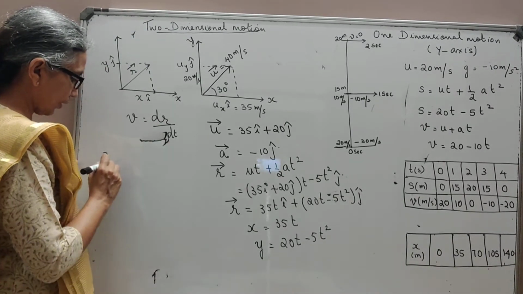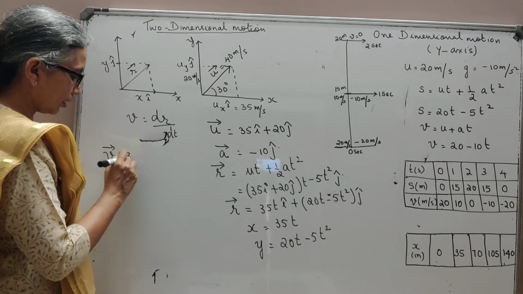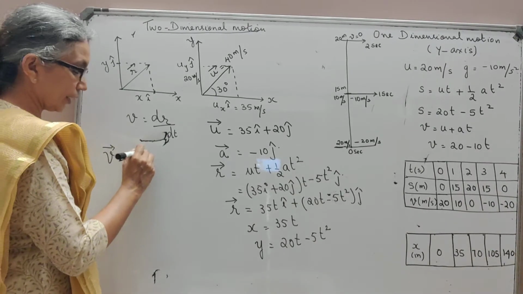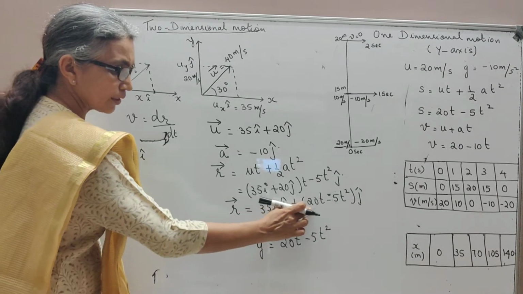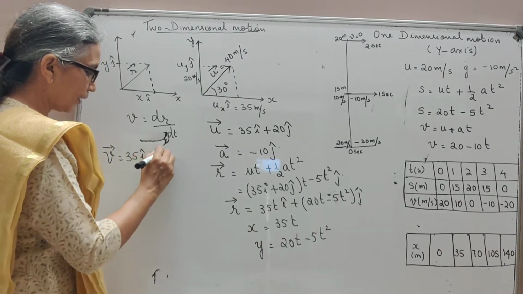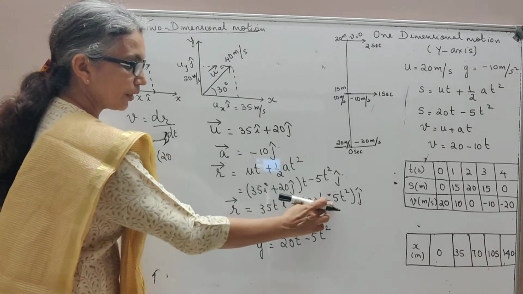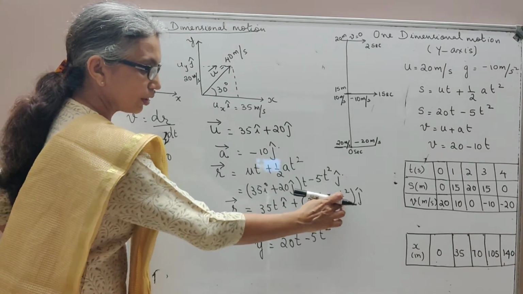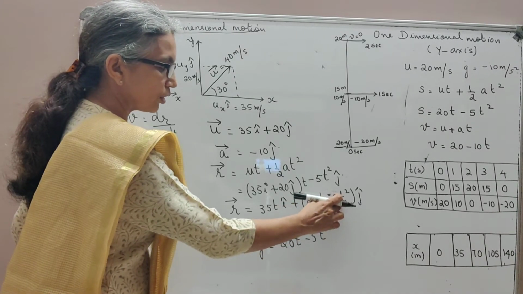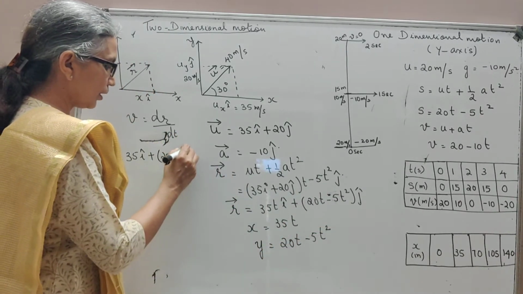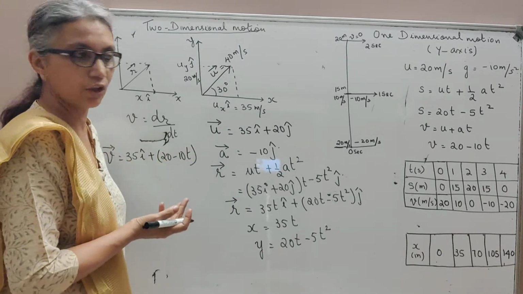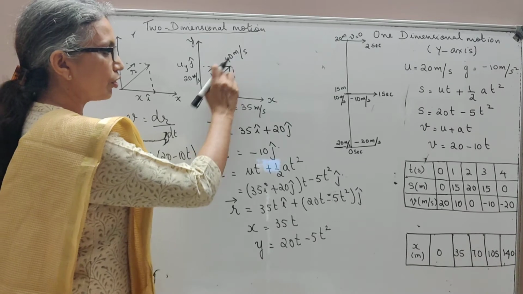So the velocity vector is 35 along the i cap, plus 20 into differential of t is 1, so that will be 20, and minus 5 into differential of t square is 2t. So minus 5 into 2t would be minus 10t. This will be the velocity vector, the instantaneous velocity. This is the initial velocity.